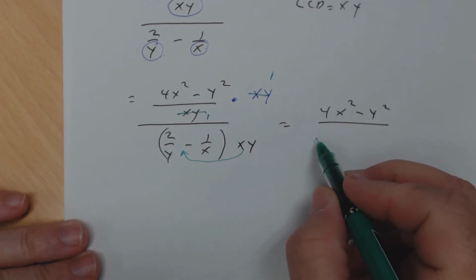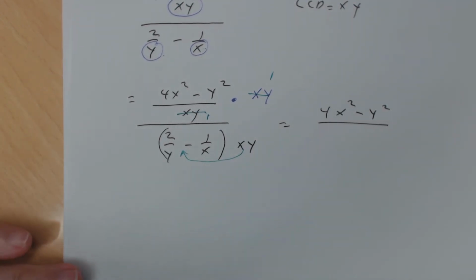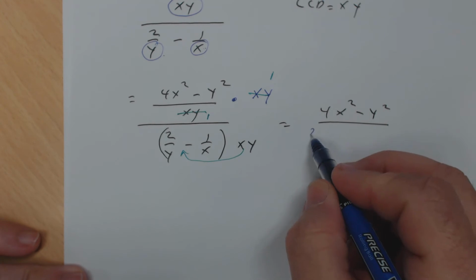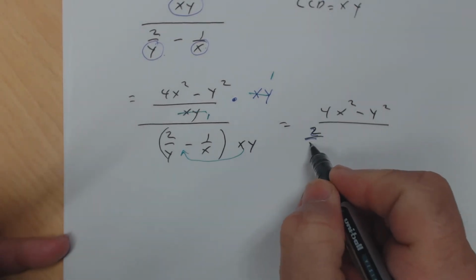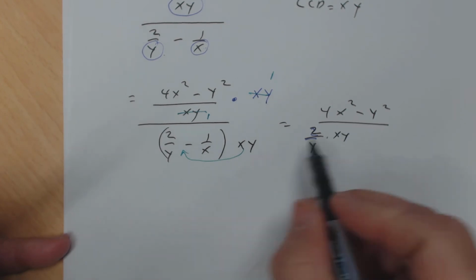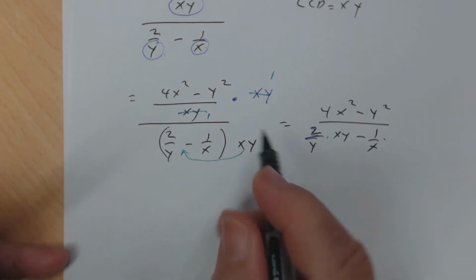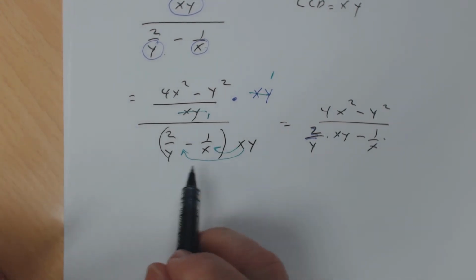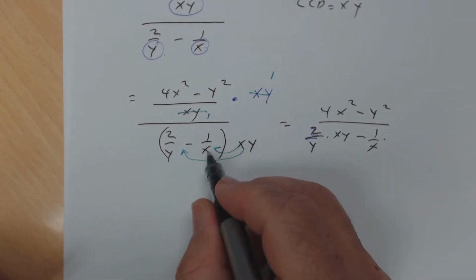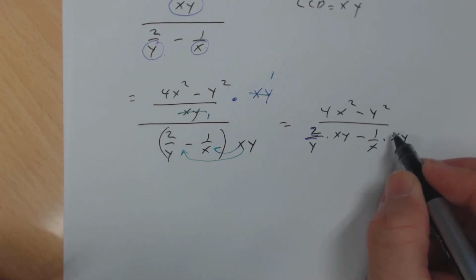So I really have 2 over y times xy minus 1 over x. So both of these terms have to be multiplied by xy. So 1 over x times xy.